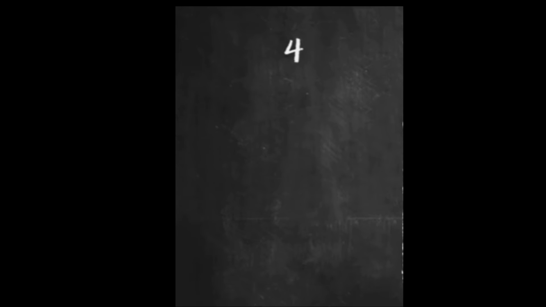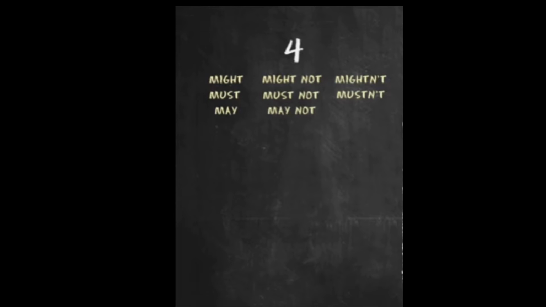Now remember, you must learn the contractions for the negatives, which are used quite frequently in spoken or informal language. Might, might not, mightn't. Must, must not, mustn't. May not, no contraction. Can, cannot, can't.